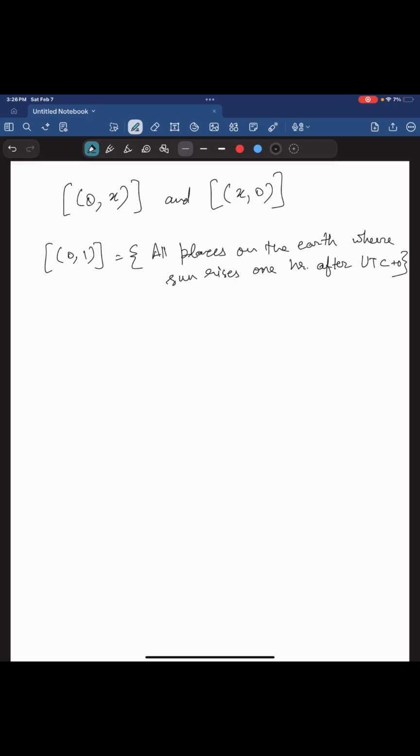So it represents all the places where the sun rises 1 hour after, which we define as UTC plus 1. Similarly, (0, 2) will be all the places with UTC plus 2.